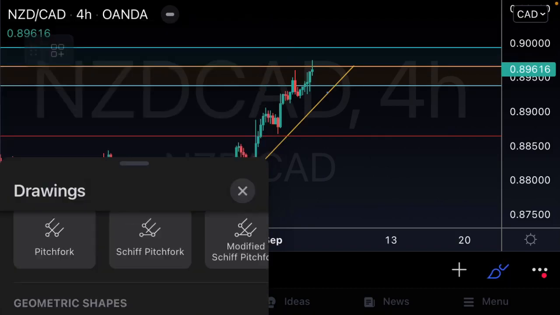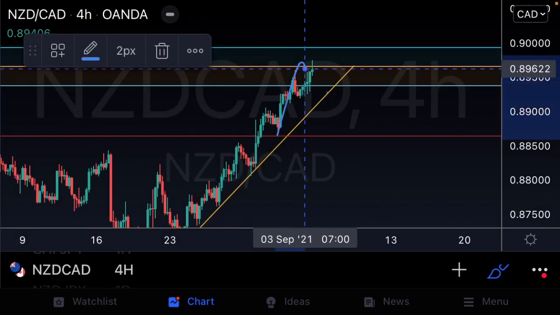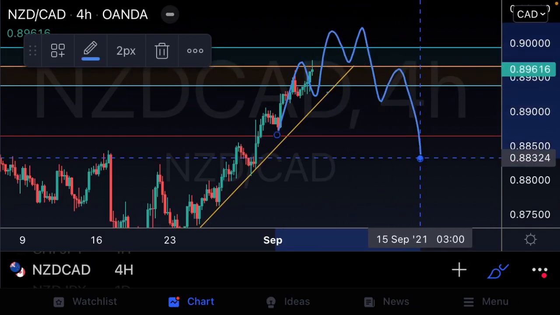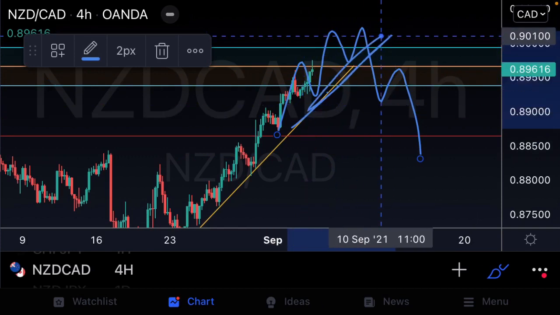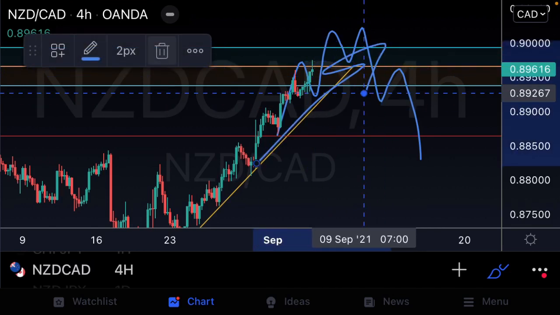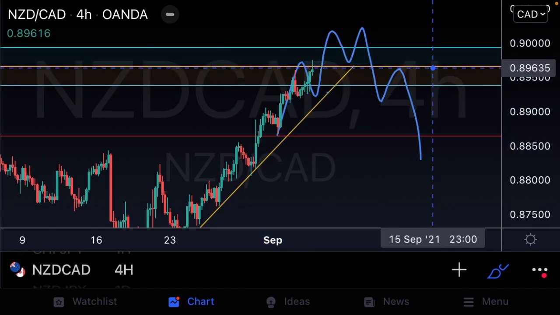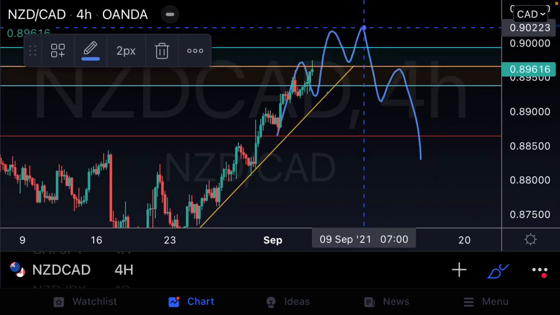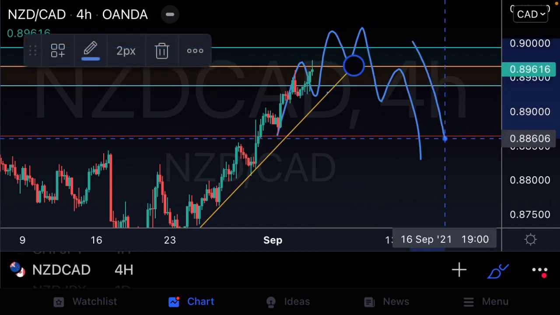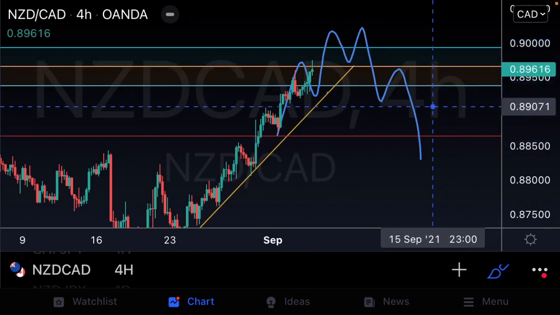What we will be looking out for, guys, on New Zealand dollar CAD is some bearish price action somewhere above these areas over here. Once we see New Zealand dollar CAD violating both this ascending trend line and maybe even some horizontal support structures over there, giving us some signs of beautiful bearish momentum, at that point, guys, that is the time where we will be looking for those bearish bias trades.